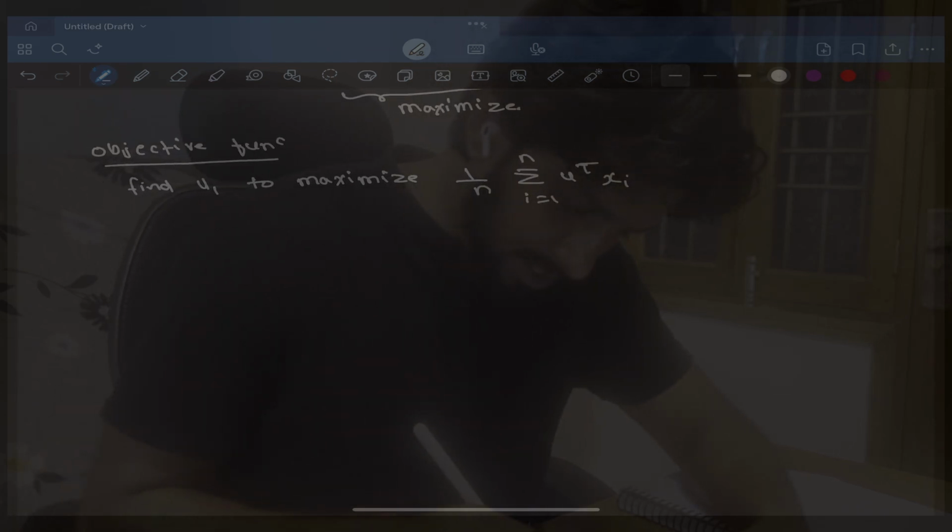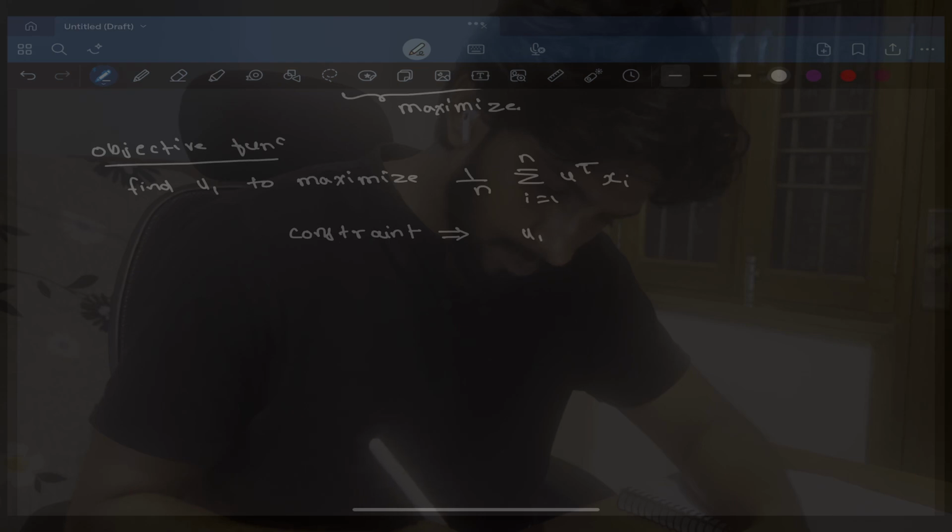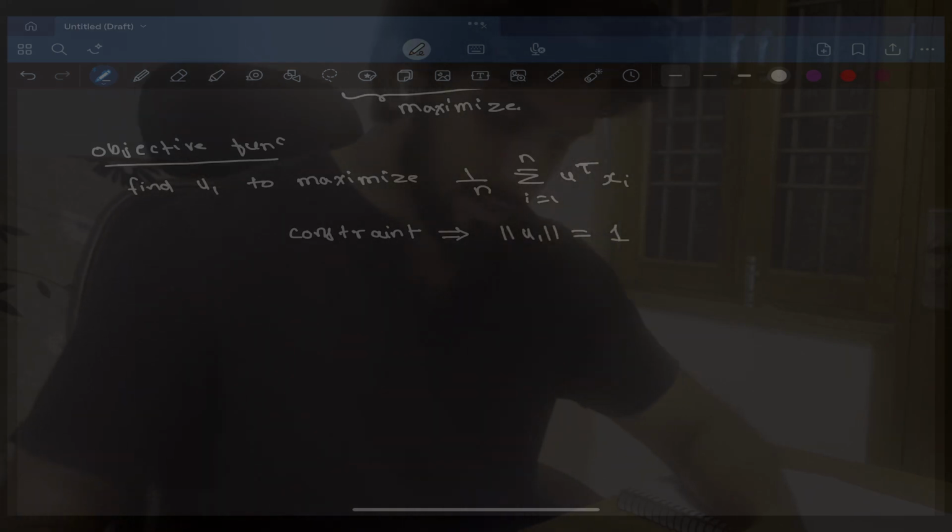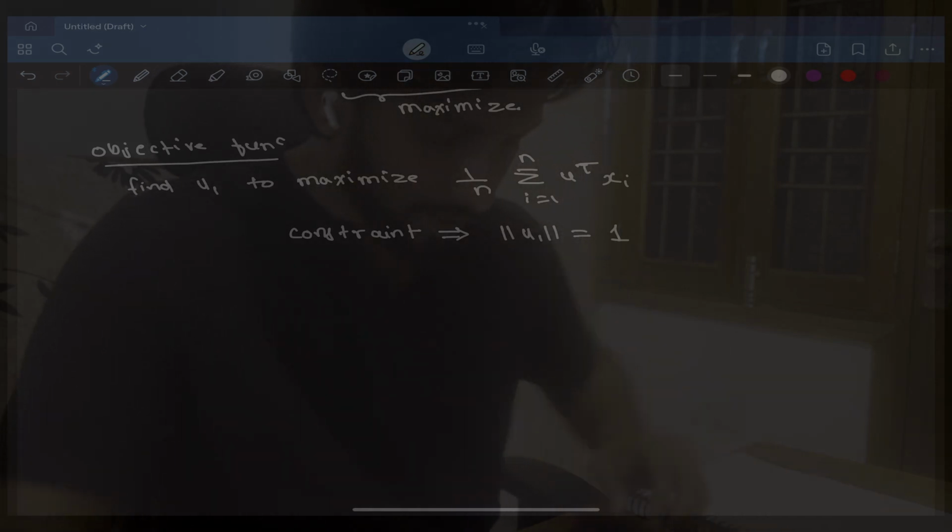There will be one constraint, and the constraint will be that the magnitude of u1 equals 1, because I just want to find out the direction of u1.